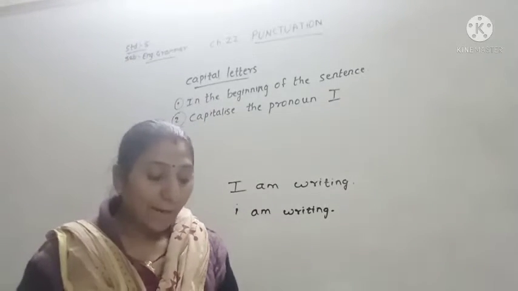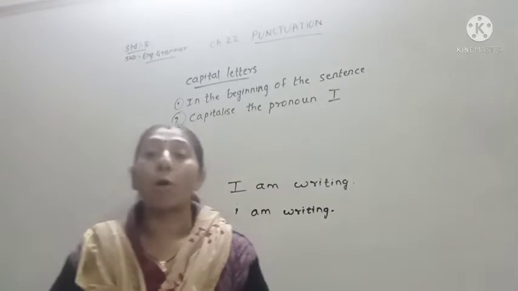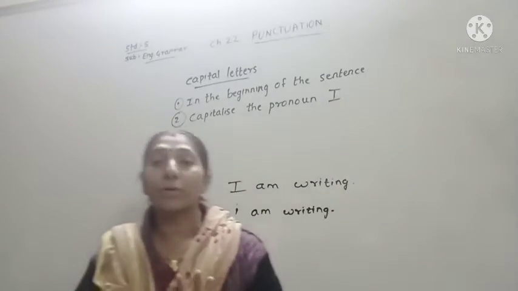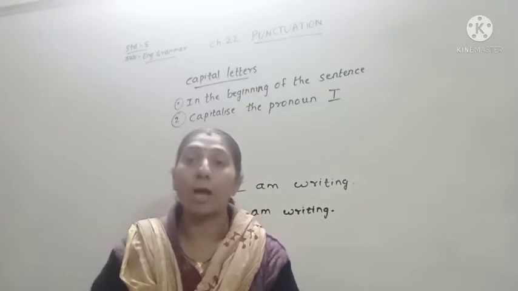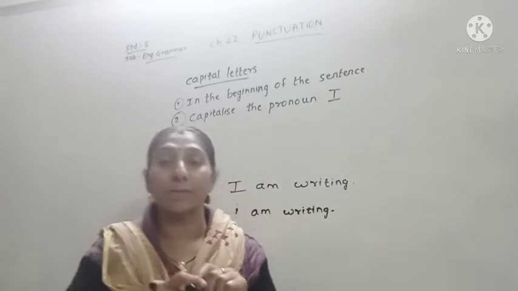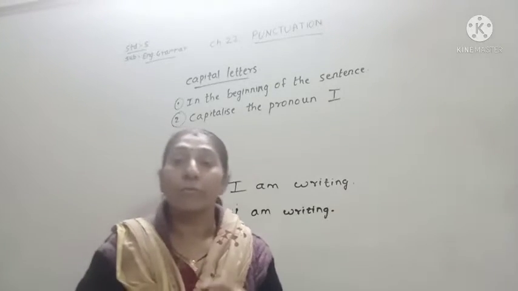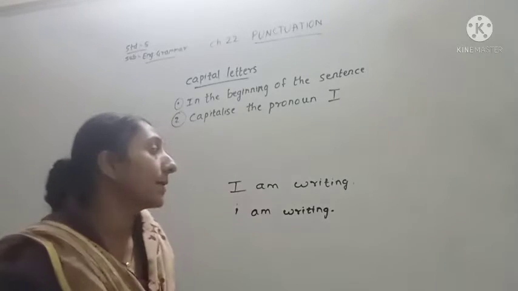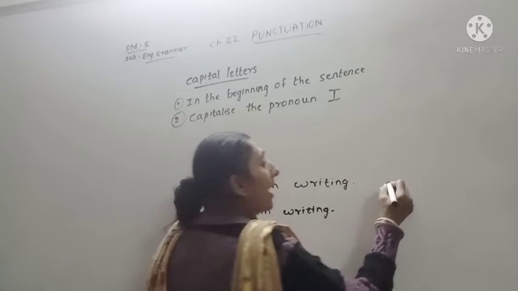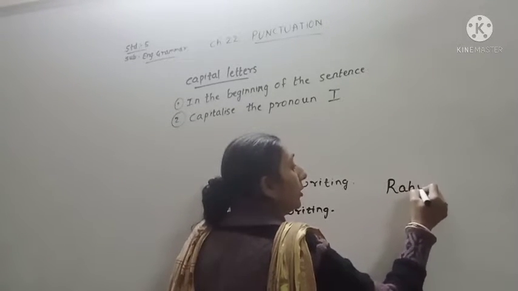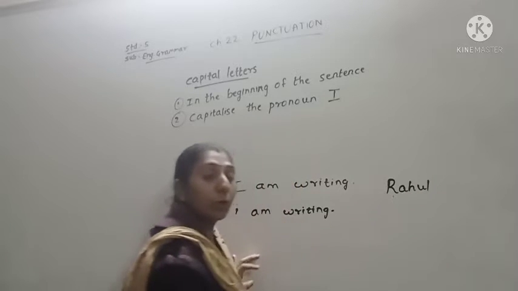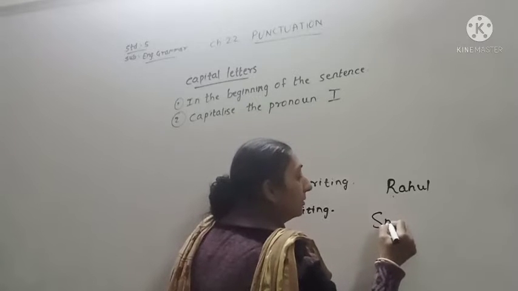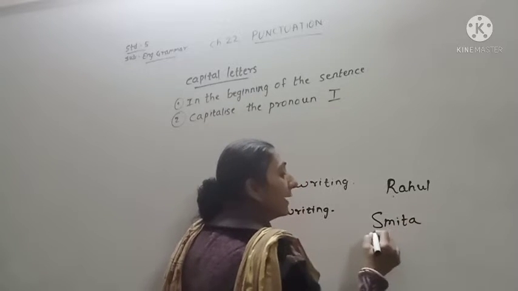Then the next, capitalize proper nouns and proper adjectives. Whenever we specify a proper noun of a place, animal, person or thing, we use it with a capital letter. For example, whenever we speak of a name, Rahul, we use a capital letter. We don't use a small r. Smita, again capital.